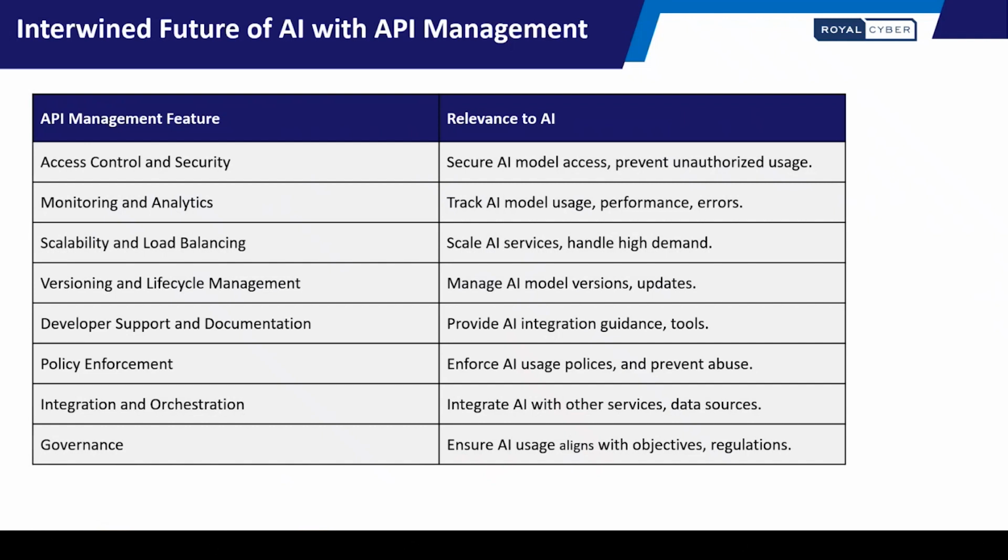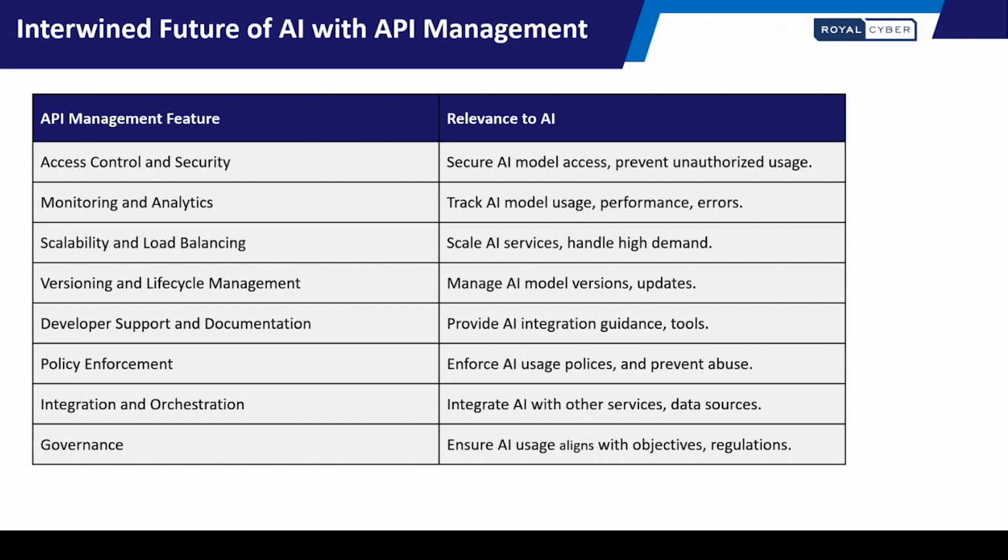API management serves several critical purposes in the context of modern software architecture, including AI integration. Here are the primary purposes and their relevance to AI integration: access control and security. API management provides mechanisms for securing APIs such as authentication, authorization, and rate limiting.